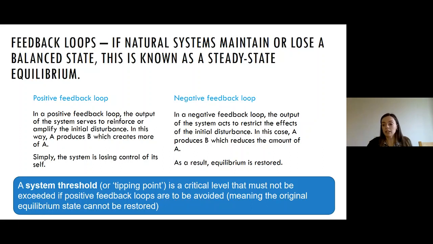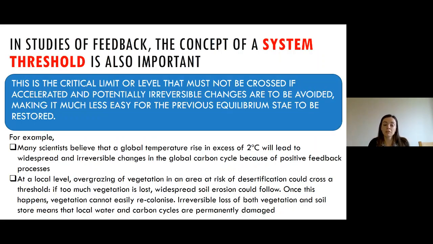Now, another concept is threshold. So a system threshold or tipping point is a critical level that must not be exceeded if positive feedback loops are to be avoided, meaning the original equilibrium state cannot be restored. In studies of feedback, the concept of a system threshold is also important. Okay, we just mentioned it in the previous slide. I'm just going to say it again.